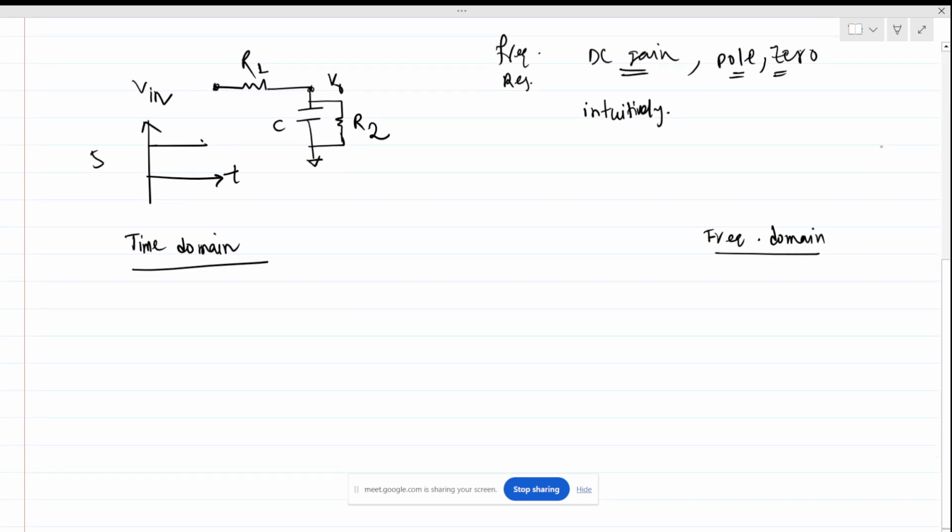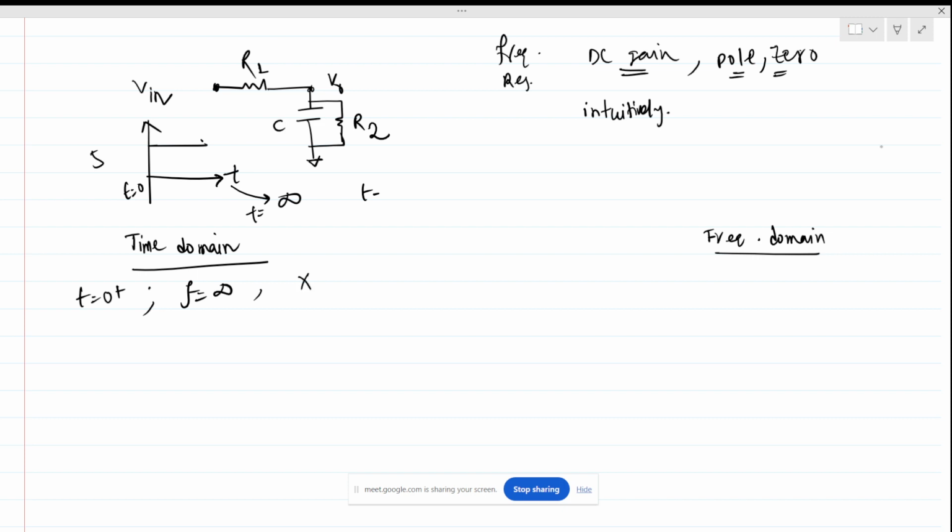So this is our t equals 0, and this is our t equals infinity. For a step signal, at t equals 0 plus, all the capacitors are short circuited, meaning the circuit sees a frequency of infinity.